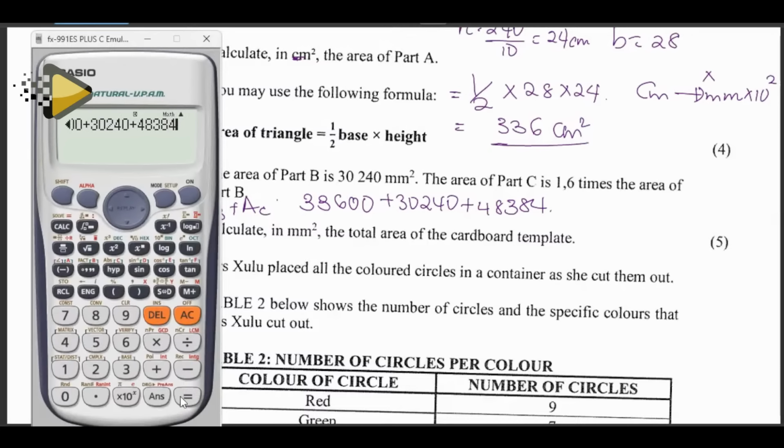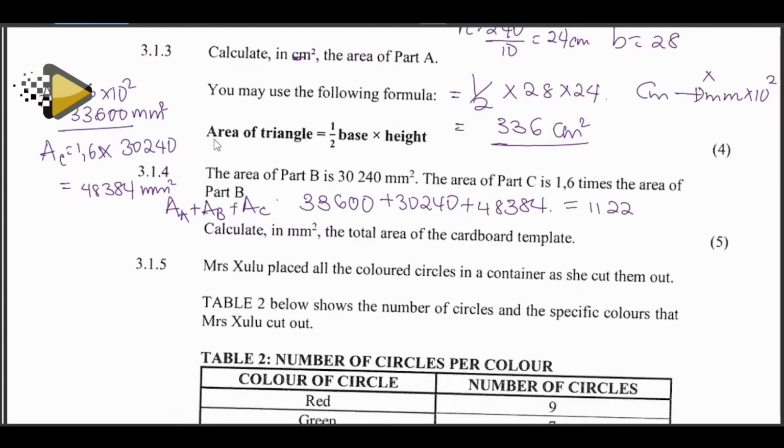So we end up having 112,224 millimeters squared.